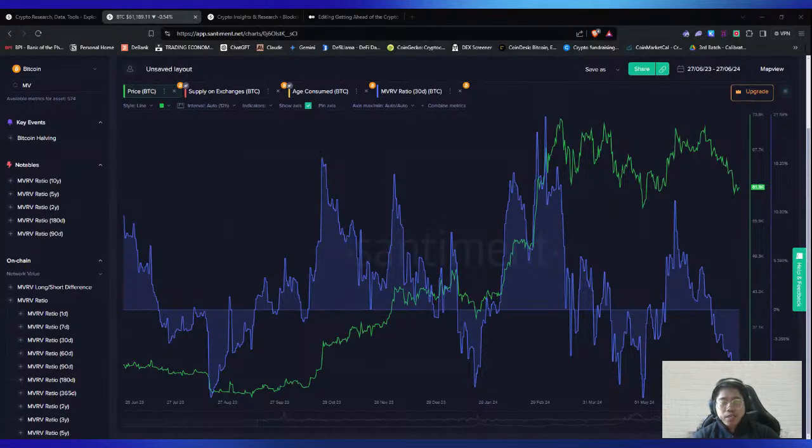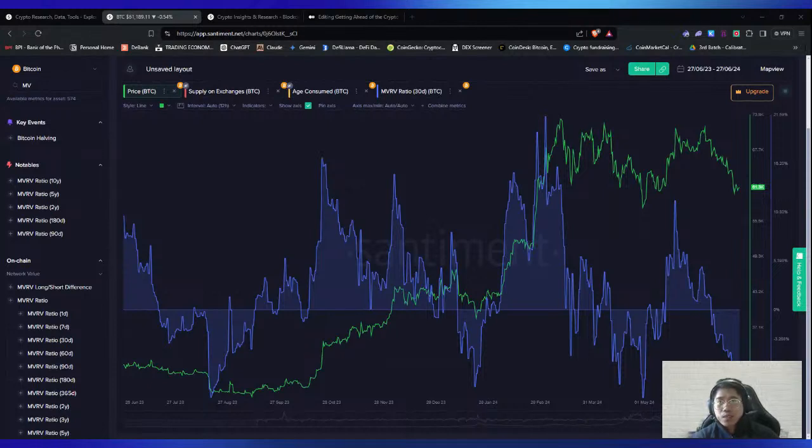The main idea here is that market cap uses the current price multiplied by the circulating supply, while the realized cap uses the acquisition cost multiplied by the circulating supply. So in simple terms, we could also look at it as the average profit and loss of traders over a specific time period.